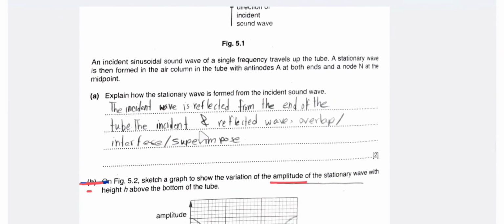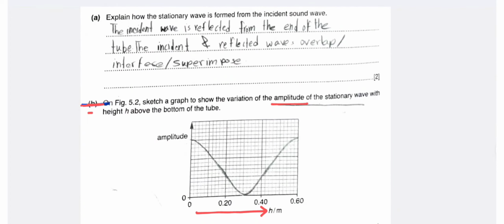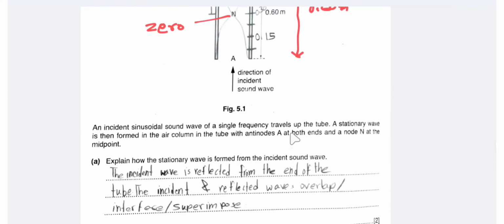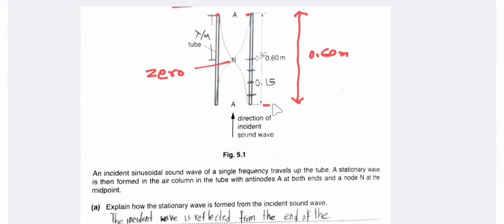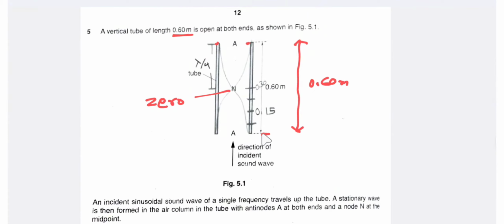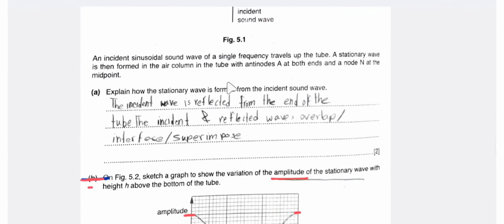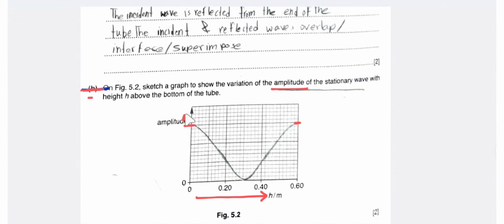Here we don't need to give any numerical value, just the maximum amplitude at the start and at the end. That means when the length is 0 from the bottom and when the length is 0.60 from the bottom, the amplitude is maximum. That is the antinode.